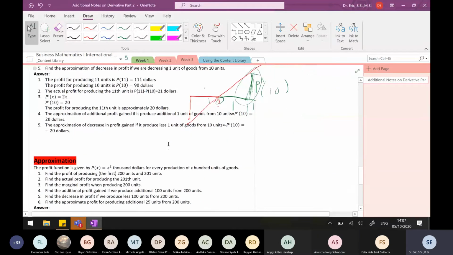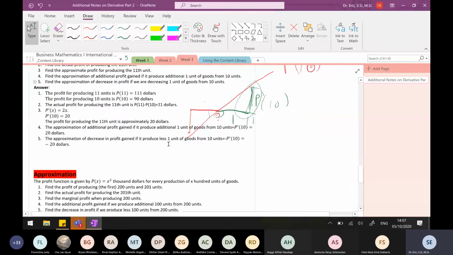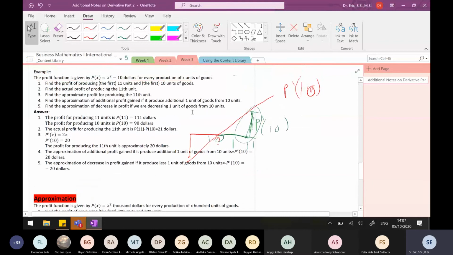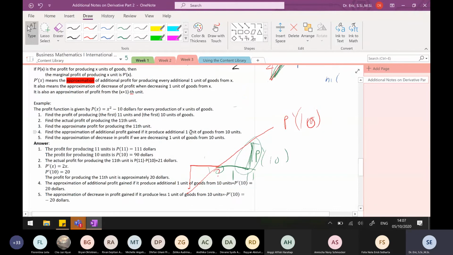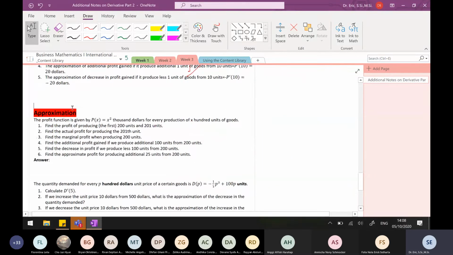Okay. And in the last part that we are going to discuss, what about an additional half unit? Can it be a half unit, Pak? Don't forget, the unit can be in 100 units, can be in 1,000 units. So you can have a half unit. That is what we usually call the approximation in general.